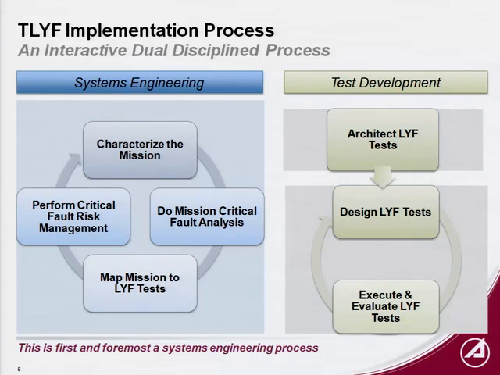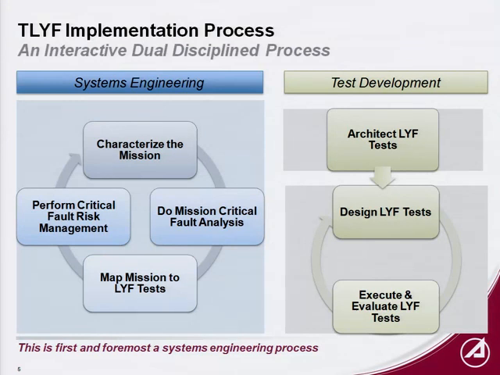Okay, so the system engineering things: you can't test like you fly till you know how you fly, so you need to characterize the mission in a way that you can translate into test terms. And so we have identified some artifacts to characterize the mission, and we call them, take a breath for this, first-time events.